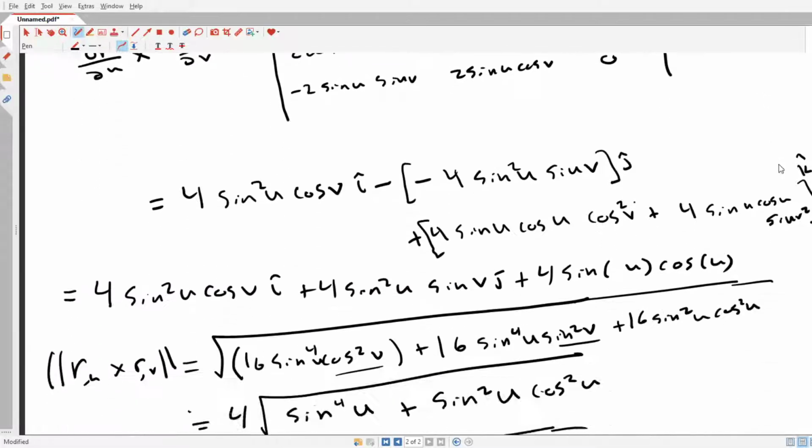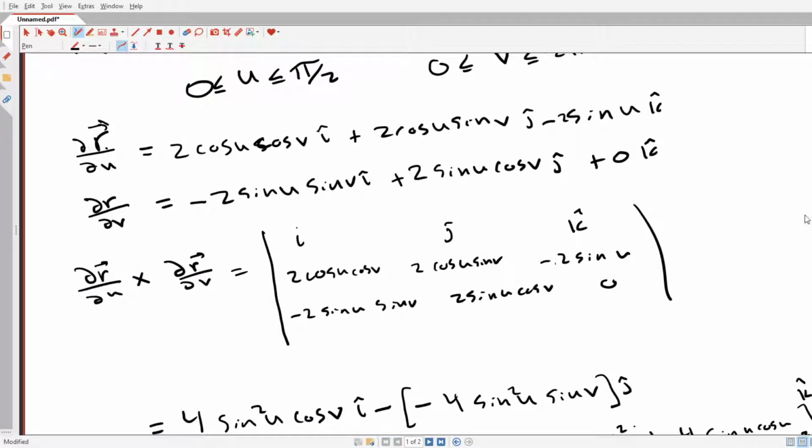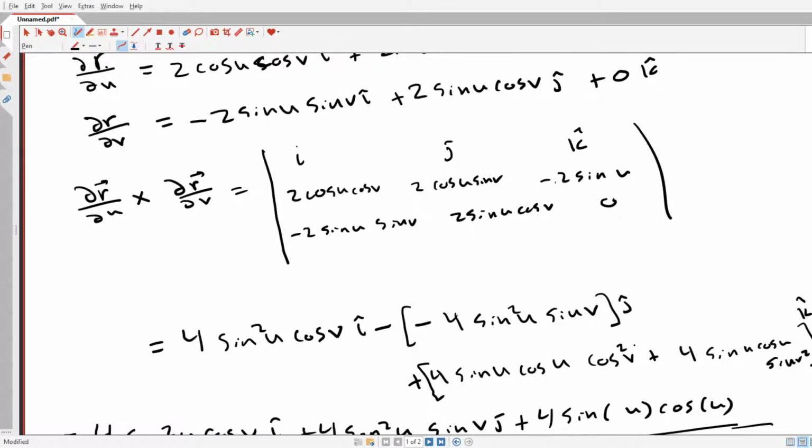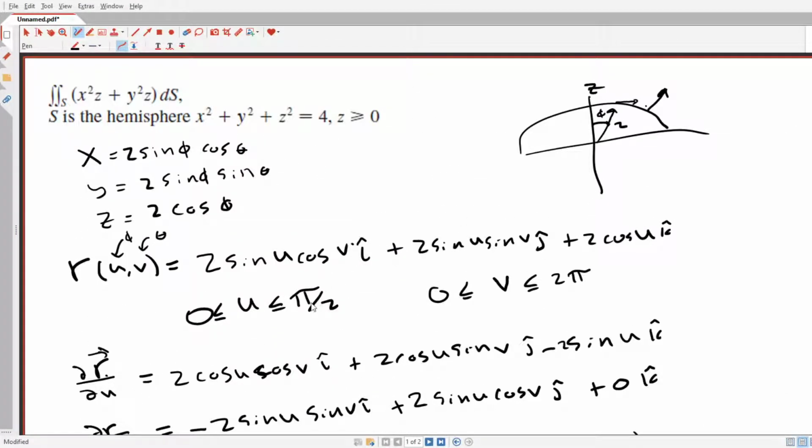I think your bounds might be wrong. Yeah, that's also possible. Any suggestion what you think they should be? So I used from 0 to pi over 2 and then from 0 to 2 pi. So phi goes from 0 here to pi over 2, so that gives me this slice. If I take that slice and rotate it all the way around, that'd be from 0 to 2 pi.